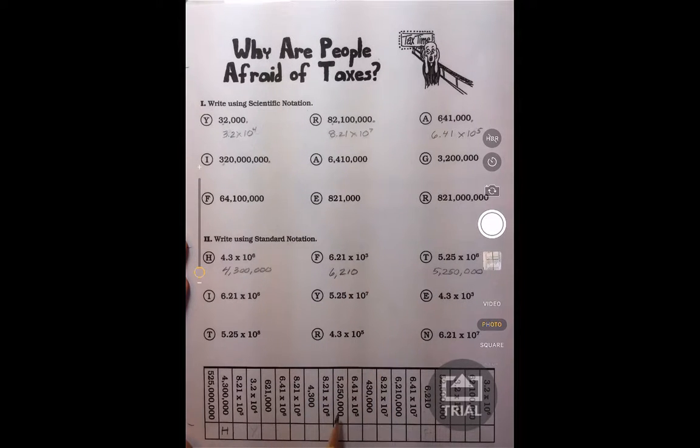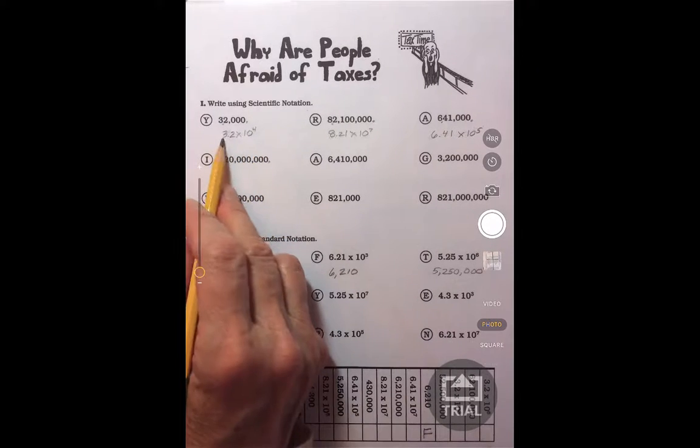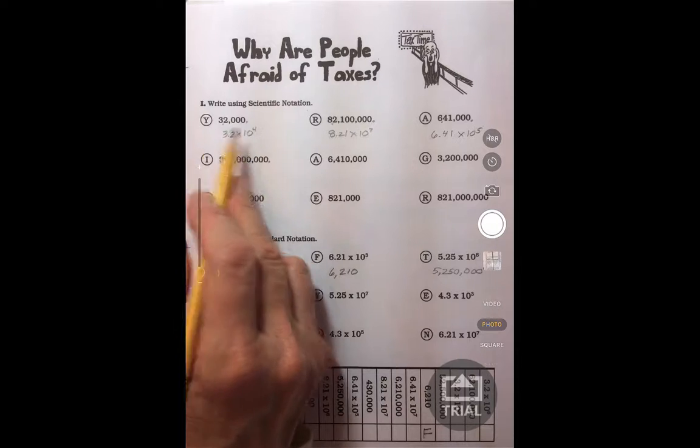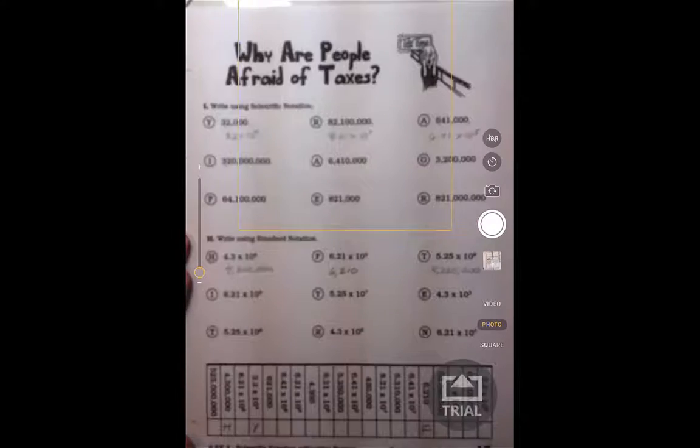So if we look through here, 6,210, so that is an F. And same thing for these up here, 3.2 times 10 to the 4th power, that's a Y. So here's 3.2 times 10 to the 4th power, so that becomes a Y. So you fill in all the rest and you'll have the answer to the puzzle.